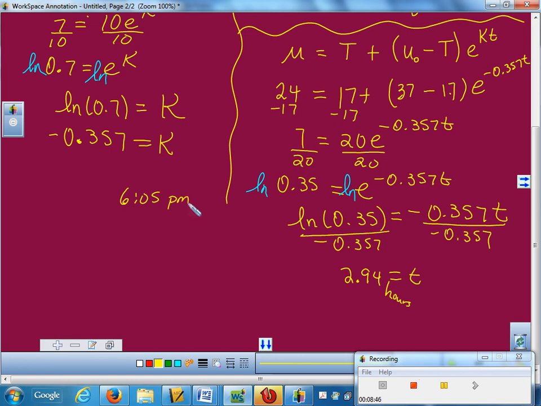So if we now know the body was dead 2.94 hours, you could change 0.94 into minutes. How? By multiplying it by 60. 0.94 times 60 is actually 56. So you'd have to take away 2 hours and 56 minutes.